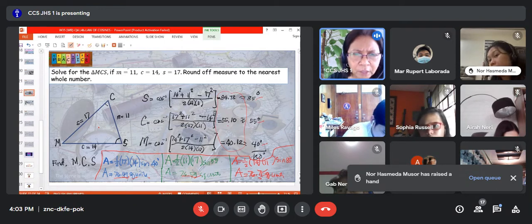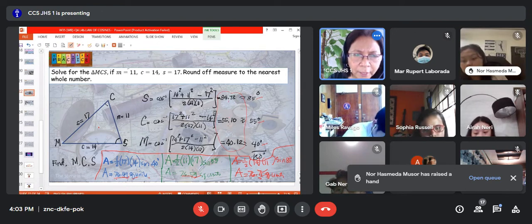But if you use the values with one and two decimal places, your answers might be very, very close to each other. Am I clear?